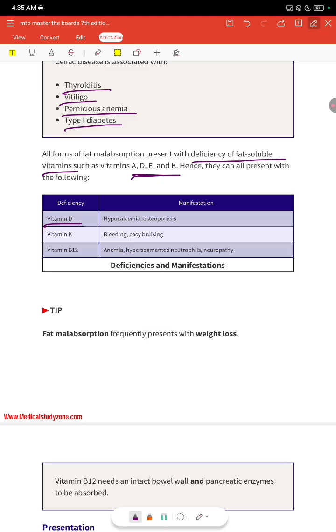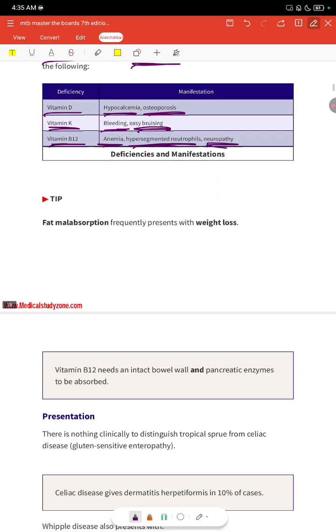Vitamin D deficiency can cause hypocalcemia and osteoporosis. Vitamin K deficiency can cause bleeding and easy bruising. Vitamin B12 deficiency can cause anemia, hypersegmented neutrophils, and neuropathy. So these are the manifestations according to the deficiencies.